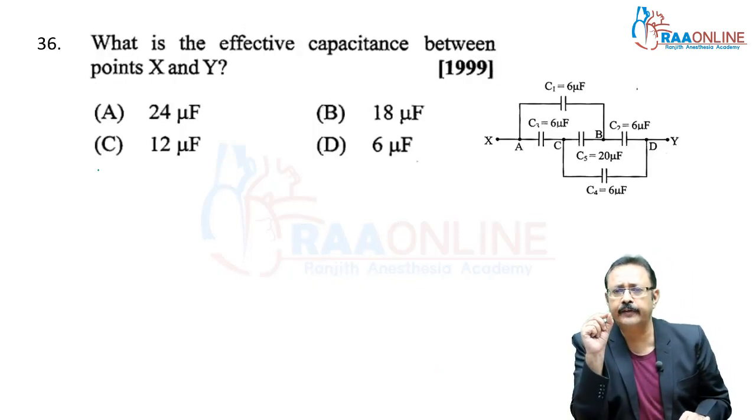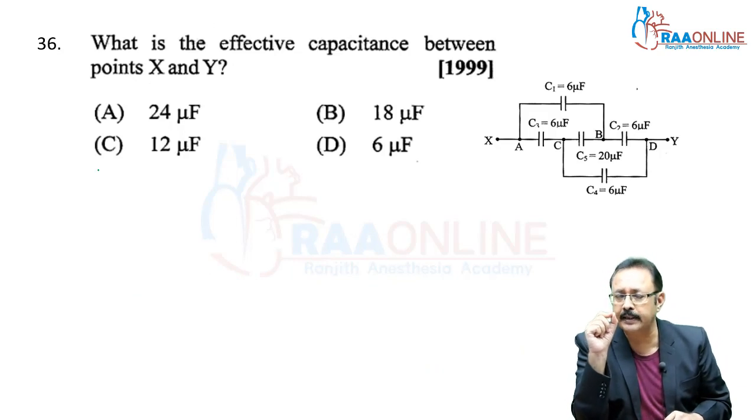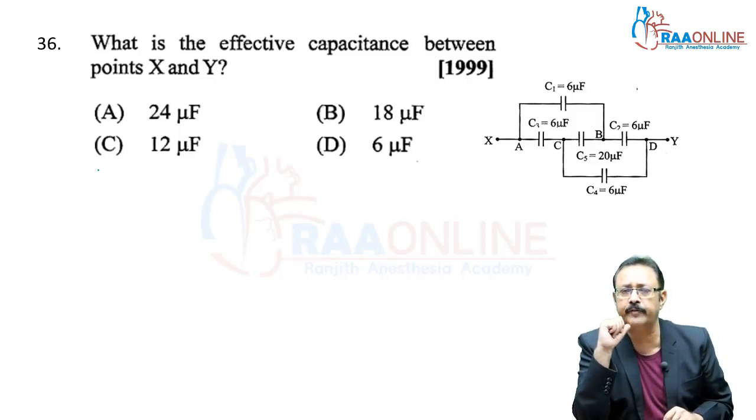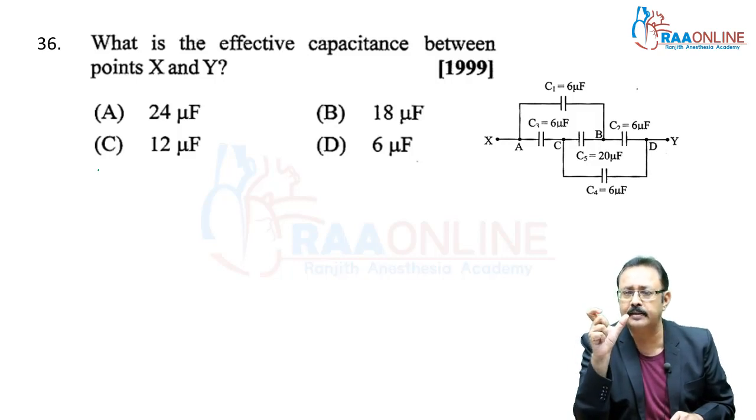What is the effective capacitance between points X and Y? The figure is given. We want to calculate the effective capacitance between points X and Y. We are using Kirchhoff's law in this also, which is a topic of current electricity you studied in 12th class.